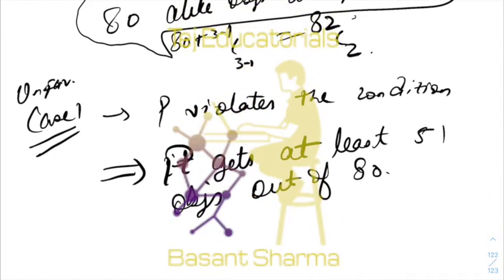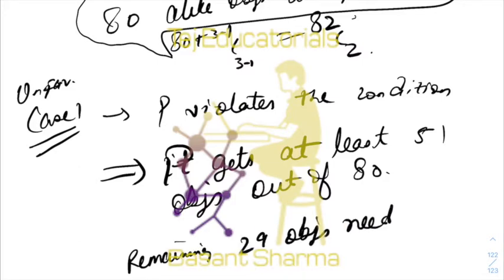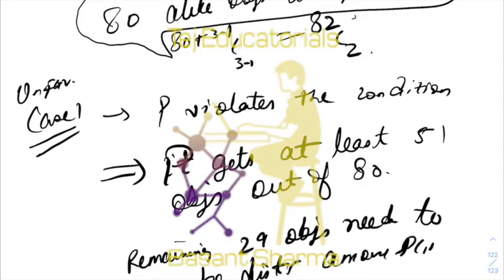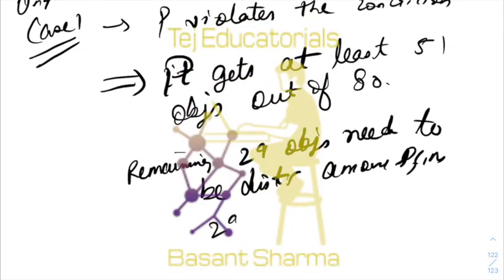Again the same process: give 51 objects to P. So the remaining 29 objects need to be distributed amongst P, C and M, and that can be done in 29 plus 3 minus 1 C 3 minus 1 ways.